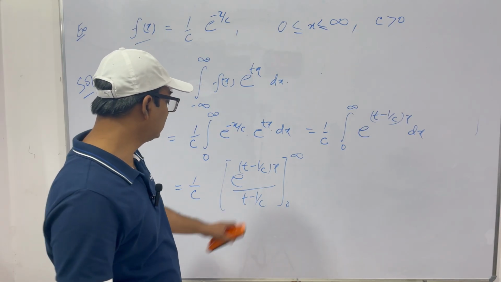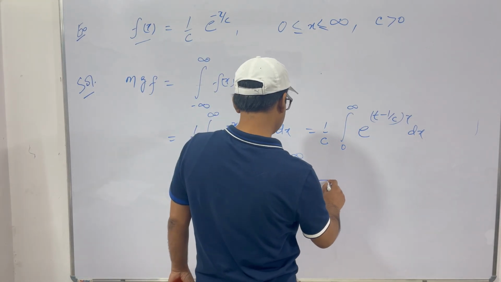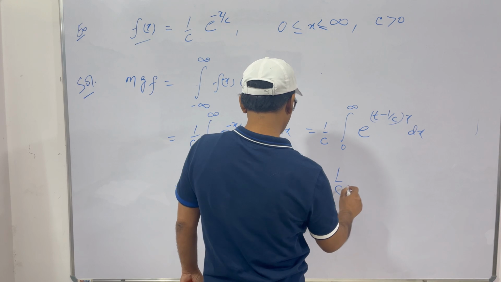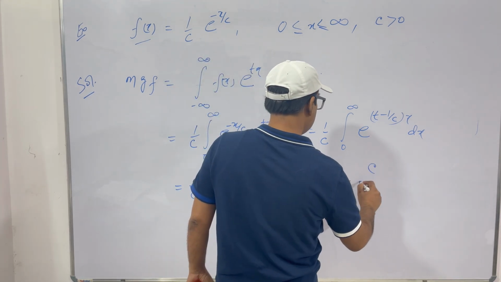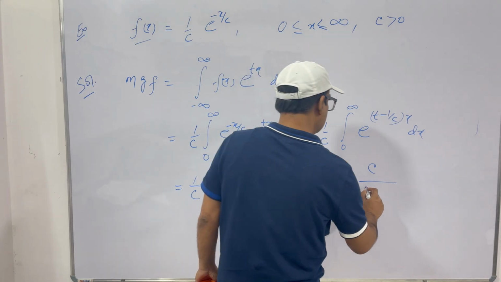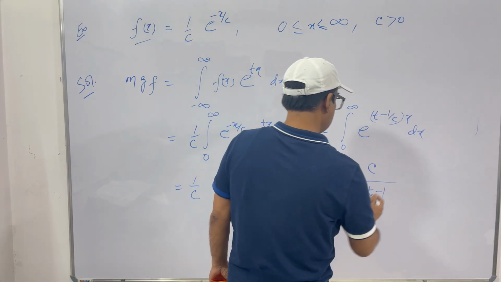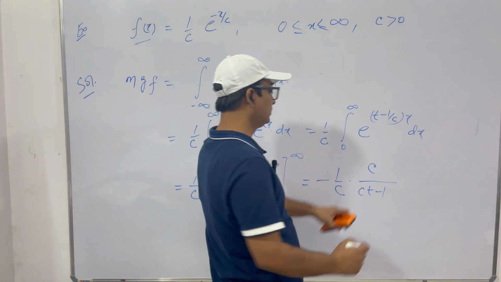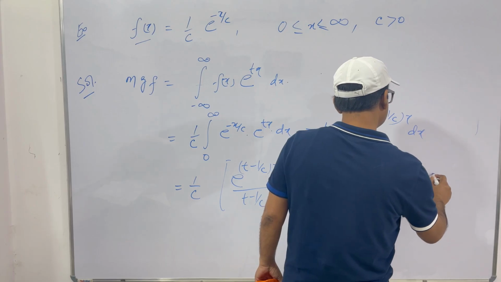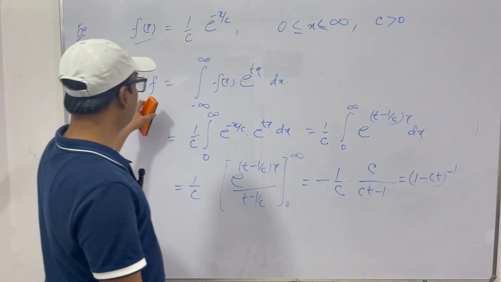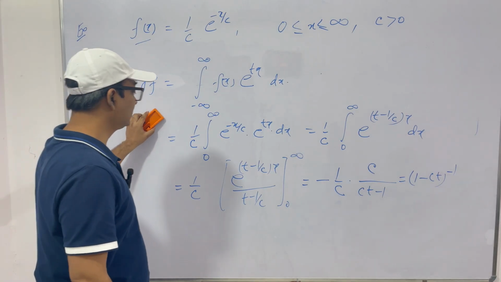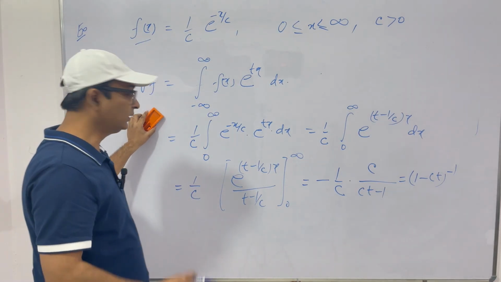So this is minus 1 by c into, taking c out, tc minus 1, or ct minus 1. So this is minus, c cancels, so this becomes 1 minus ct to the power minus 1. So we have found the moment generating function. Clear? You have noted this down?